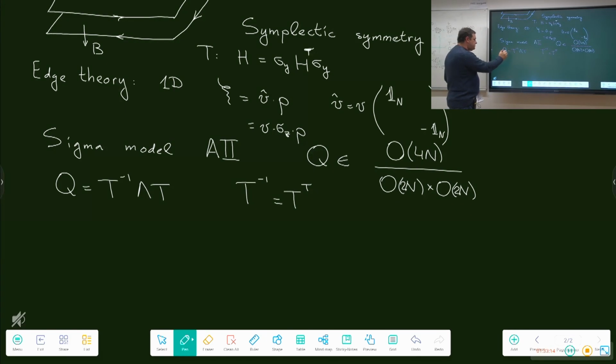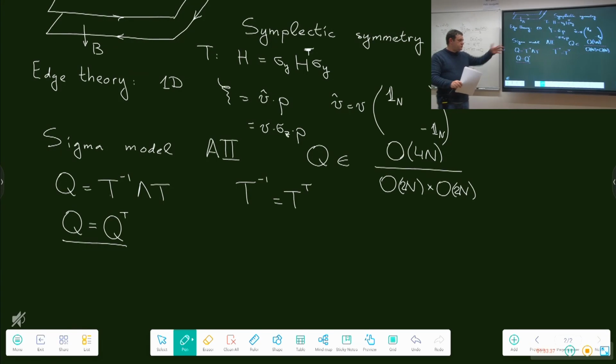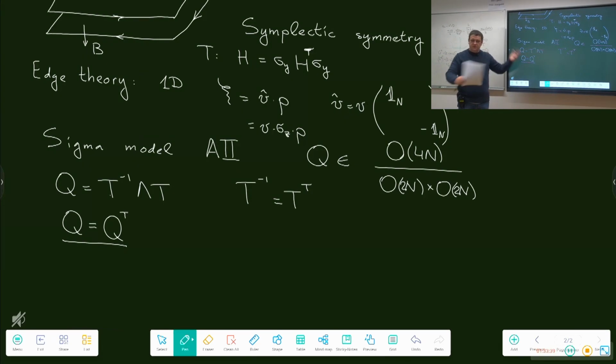And Q matrix just equals Q matrix transposed. Yeah, this is a symmetric matrix. It's T transpose lambda T. So symplectic class is the same as unitary with the additional constraint on the Q matrix, that it should be a symmetric matrix. It should square to 1, be the same as in unitary. Everything is the same, but on top of this, it should be symmetric.